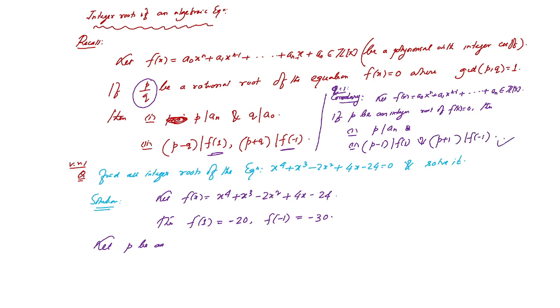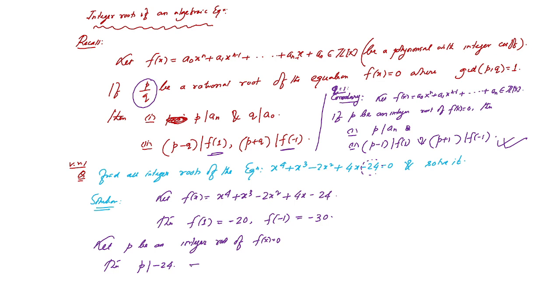So from this result we consider p be an integer root of f(x) equals 0. By the above corollary we can say p divides an, meaning the constant term. Here the constant term is minus 24, so p divides minus 24.